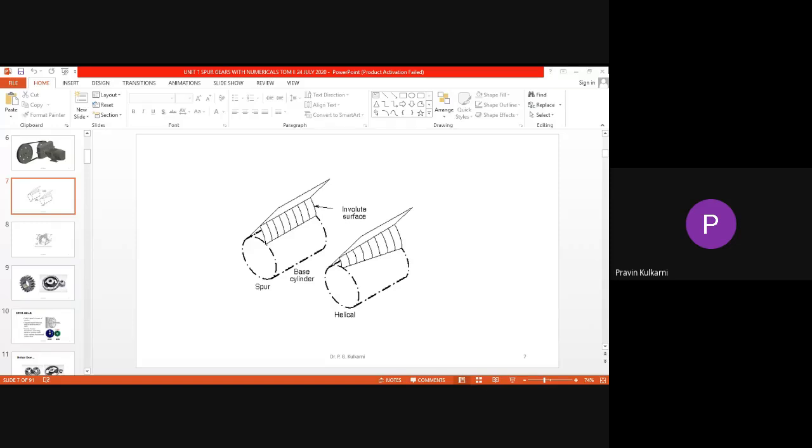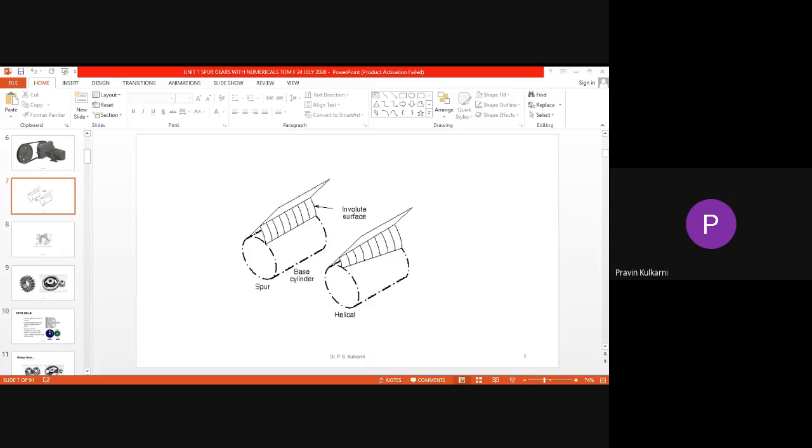So let me change my mode from regular lecture to a remedial lecture. Involute is a curve which starts from the base circle. Involute do not lie inside the base circle. Involute is a curve traced by point on the straight line.